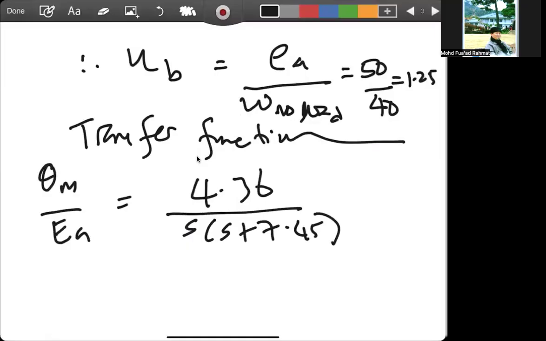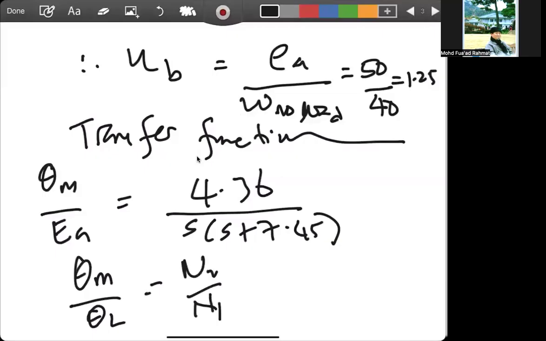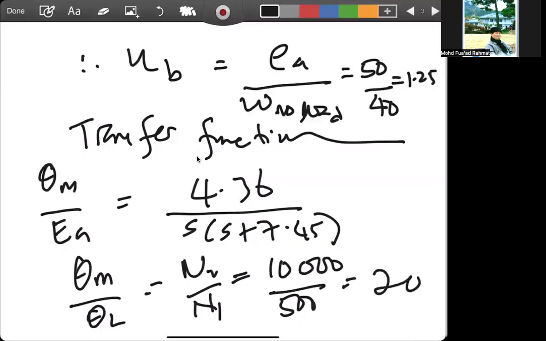Where theta m over theta L, motor and load, is N2 over N1, divided by 500, you will get 20.